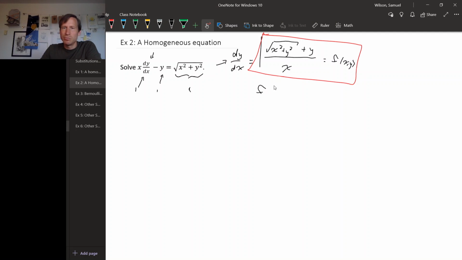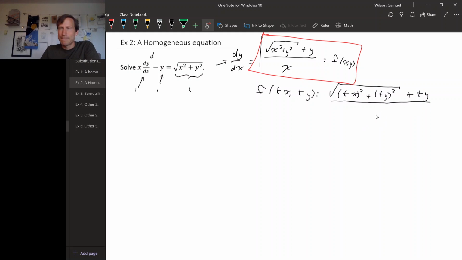So we need to plug in t times x and t times y and see if we get the same thing as f of x and y. So we get square root of (tx) squared plus (ty) squared plus ty over tx.